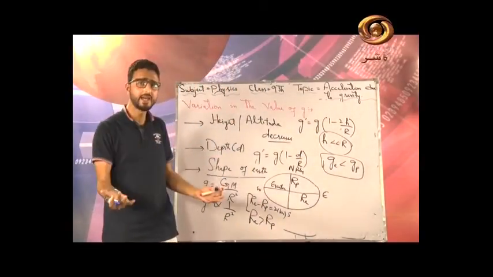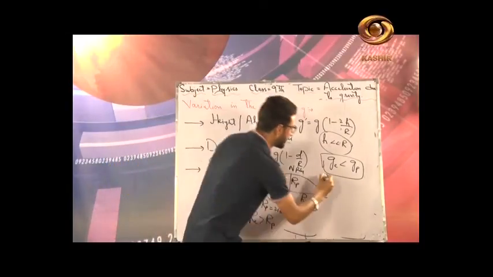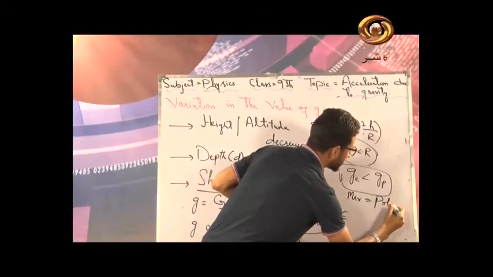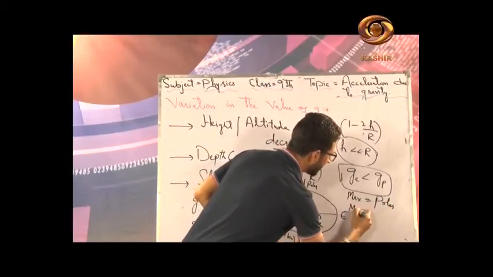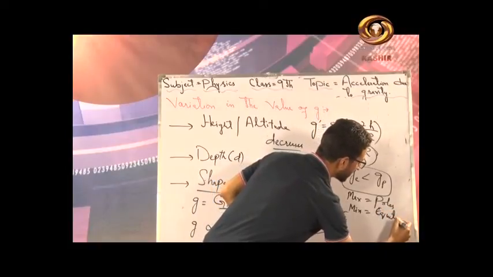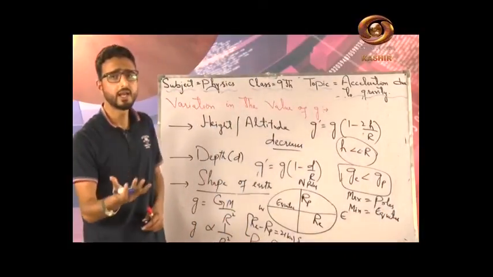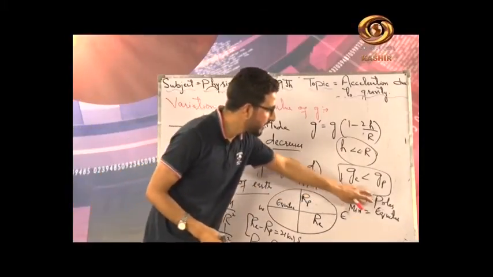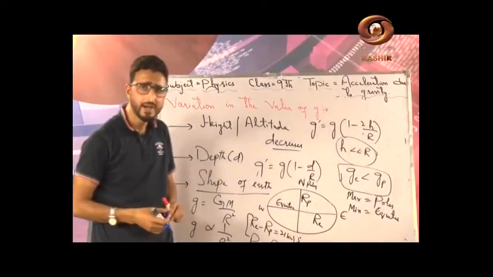Can I say it like this, acceleration due to gravity is maximum at the poles, and g is minimum at the equator because of the difference of equatorial and polar radii, right? So g is maximum at the poles and minimum at the equator.